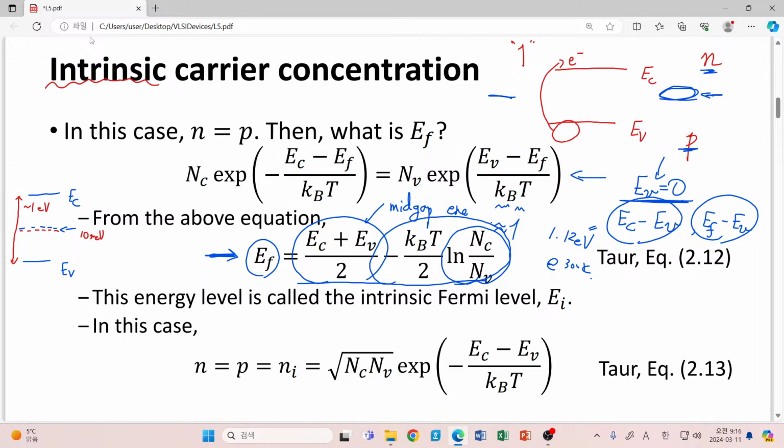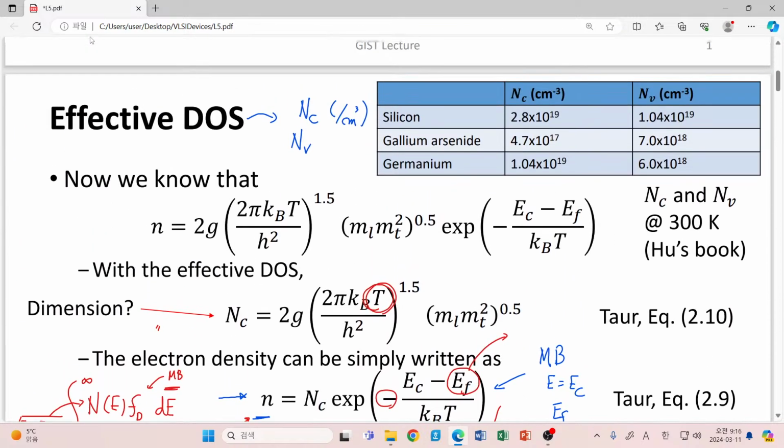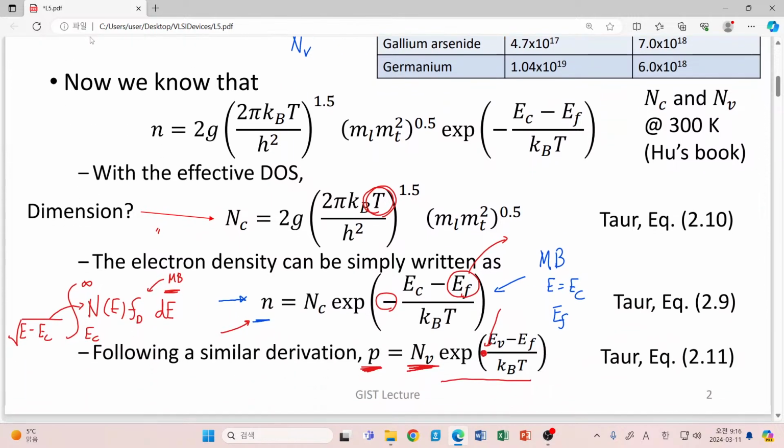However, there are slightly different values, and if you go to other materials, this effect becomes a little bit more severe, because silicon has 2 or 3 in this ratio. However, when you go to gallium arsenide, you can see a higher difference between NC and NV.